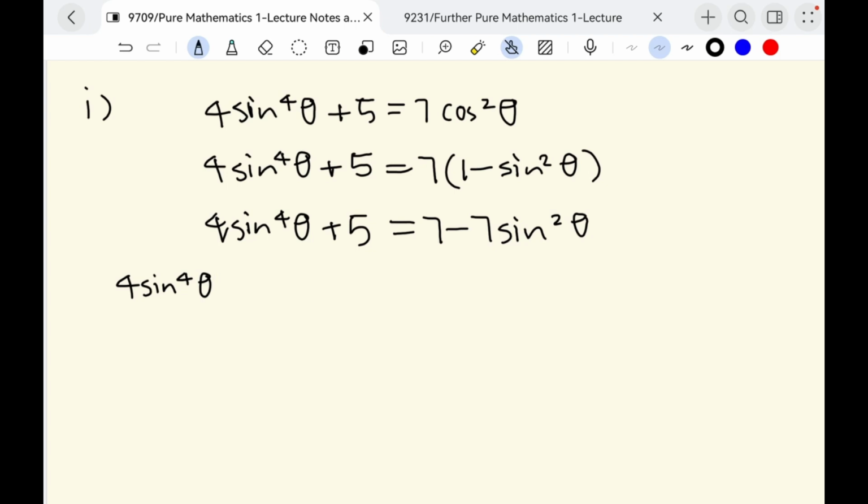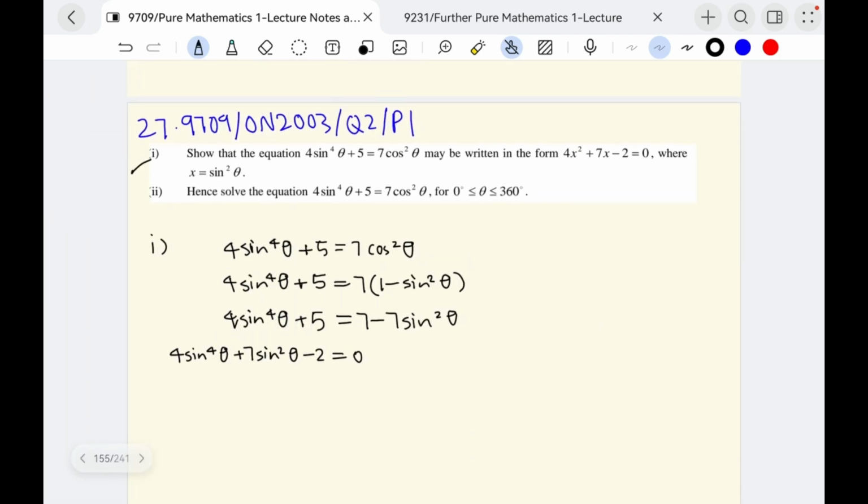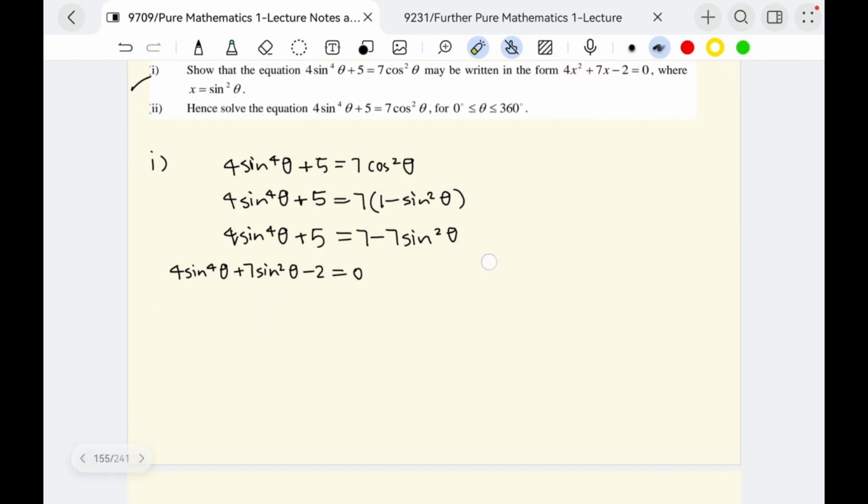Okay, negative 7 sine square theta can move to the left hand side to make it positive, and 5 minus 7 is negative 2. As you can see, there's a coefficient of 4, 7, and a constant of negative 2. So this result suits the answer above.